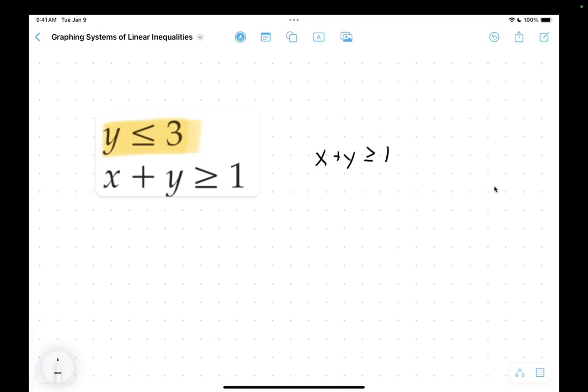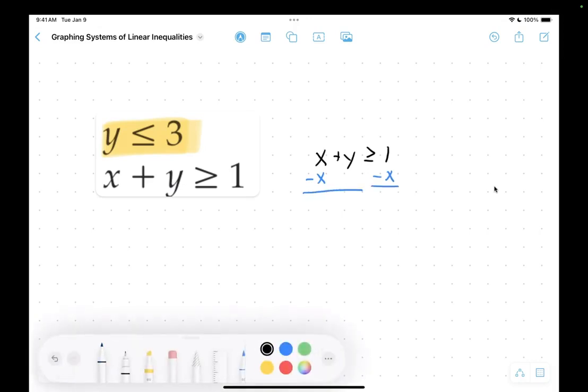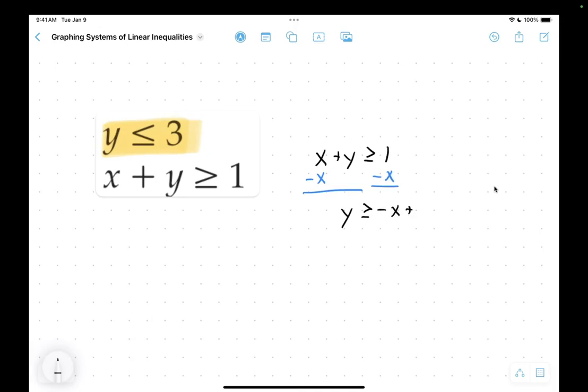One step will get this in slope-intercept form, and that one step is to subtract x on both sides. So minus x, and we'll have y is greater than or equal to negative x plus 1.